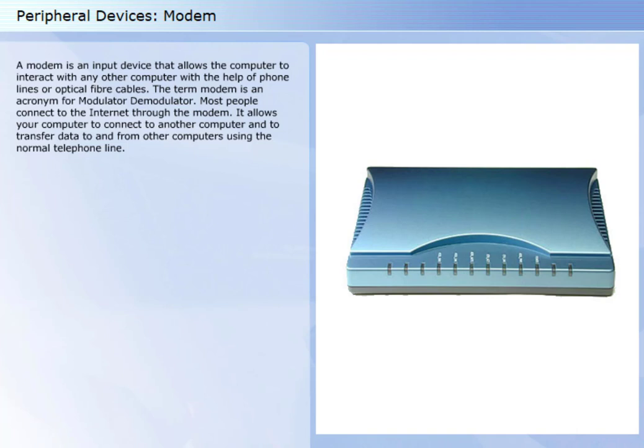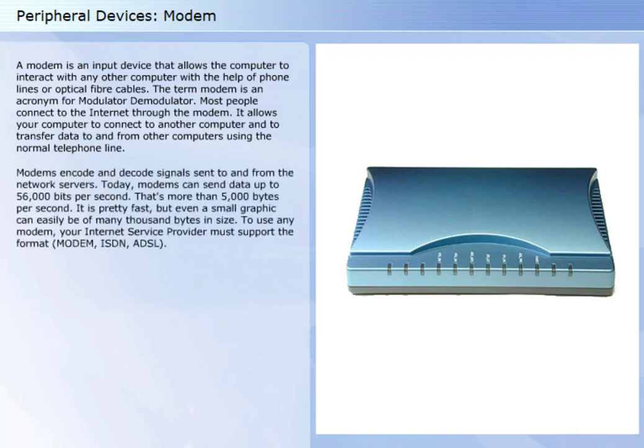It allows your computer to connect to another computer and to transfer data to and from other computers using the normal telephone line. Modems encode and decode signals sent to and from the network servers. Today, modems can send data up to 56,000 bits per second.